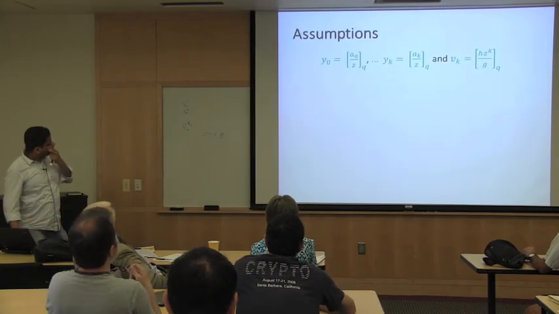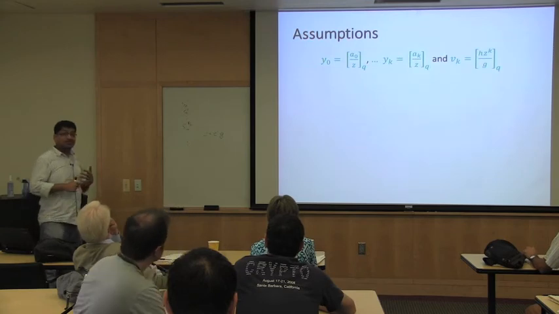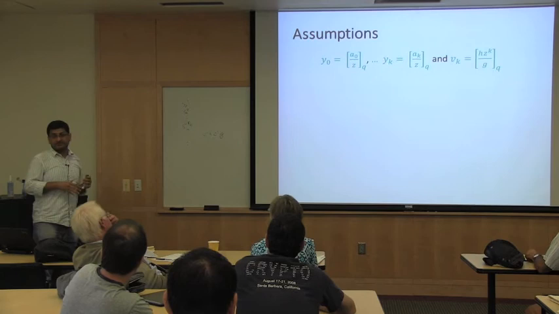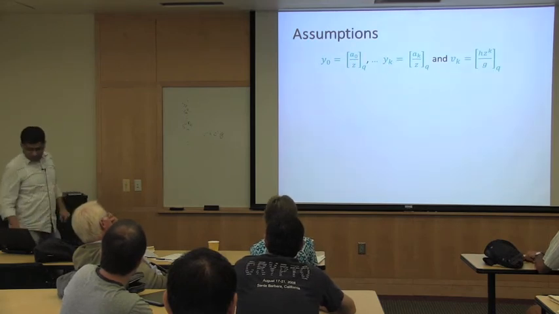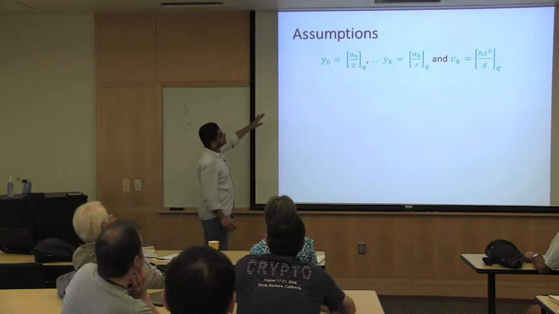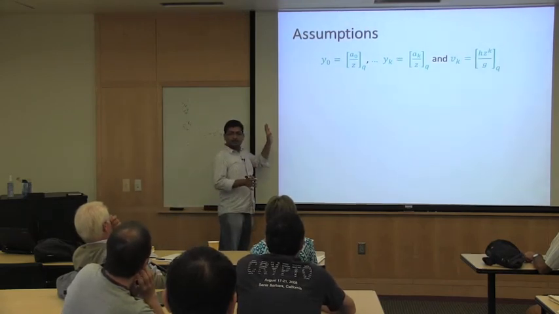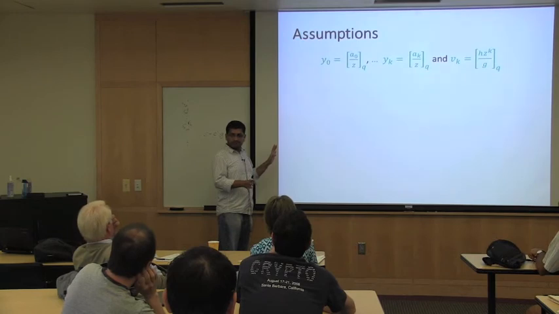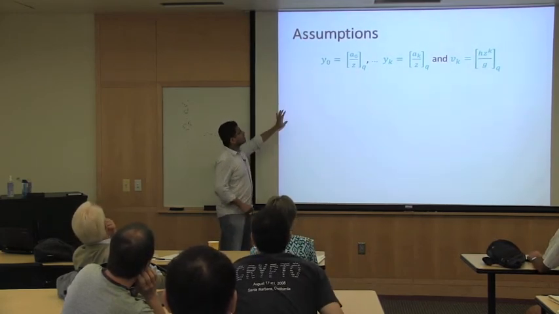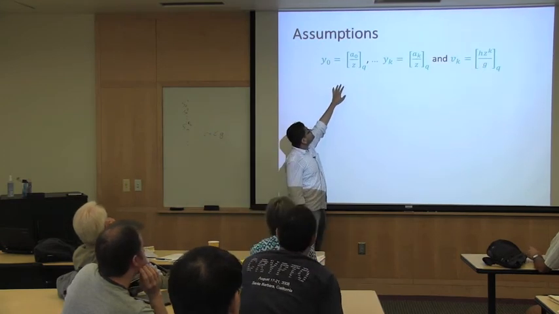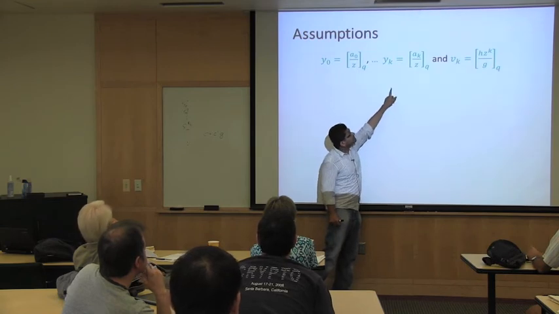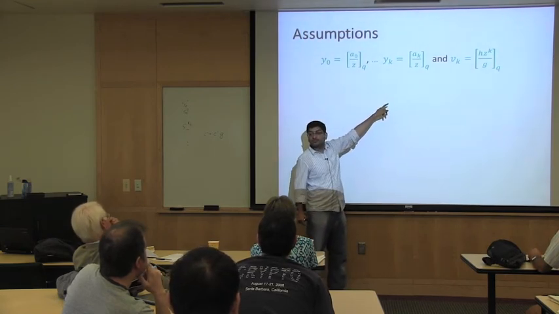I'm going to clearly state the assumption that we're making and the different variants of assumptions that can be made. So if you want to try to break them, this is what you can focus your efforts on. This is the simplest variant, where I'm always going to give the zero test parameter, but I'm not giving encodings of 1 and 0. What I'm giving you is an encoding of A0, A1 up to AK, K being the level of multilinearity, and the zero test parameter.